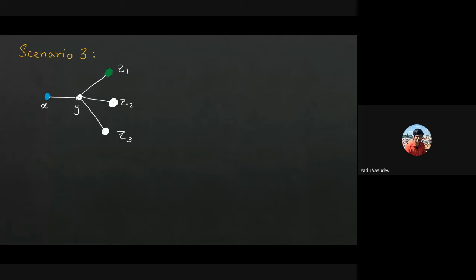What will cause dt to decrease? I can choose y z1 and remove z1, add y. That will cause the symmetric difference to increase. By how much? By 1, I think. Oh, by 1 or 2.